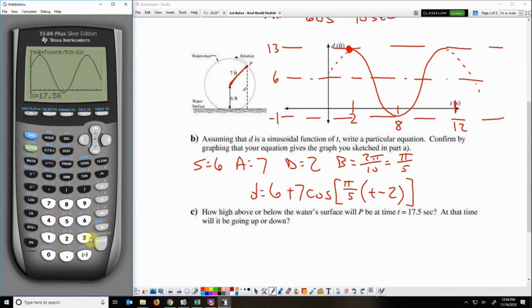Now that actually tells me I'm going to have to probably increase my window a little bit because I've got an error. So we'll go back to the window. And our x max, we need to go past that 17.5 seconds, so we'll go to 18 seconds. And then we'll trace 17.5.